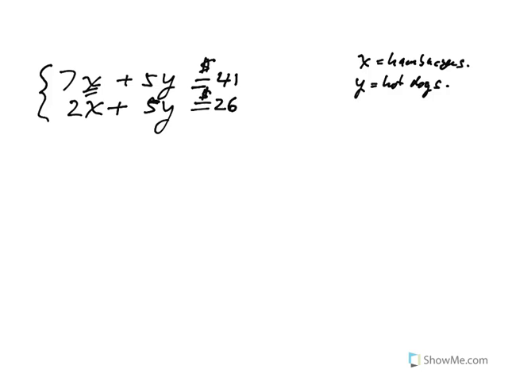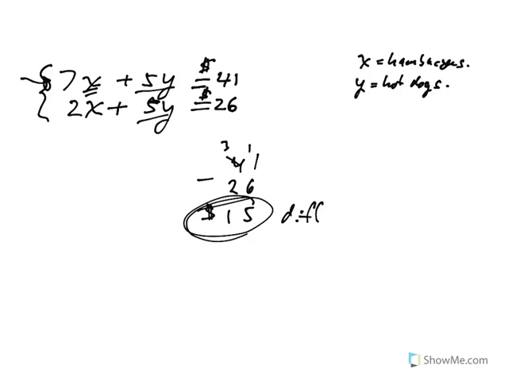Well, notice how there are more hamburgers in the first case, but there's the same number of hot dogs in both cases. So the difference, if I subtract 41 minus 26, I get 15.